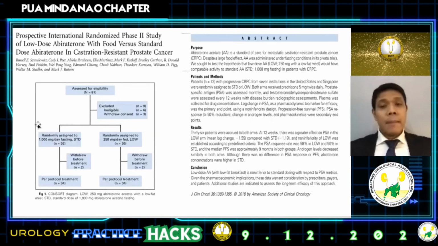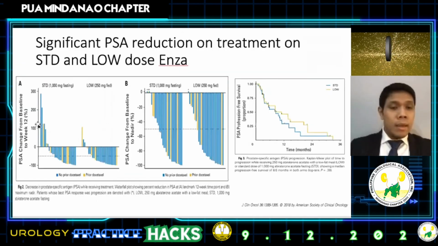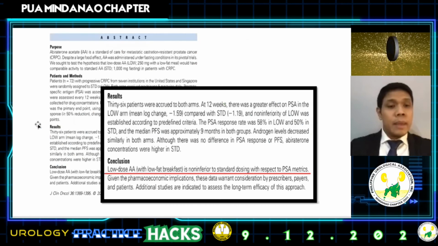And then the primary outcomes measured were the PSA change and progression-free survival. Change in testosterone, as well as pharmacokinetics, were other outcomes that were measured. These graphs show the PSA logs of the two different groups. The findings show that low-dose abiraterone was non-inferior to the standard dose in terms of PSA metrics.